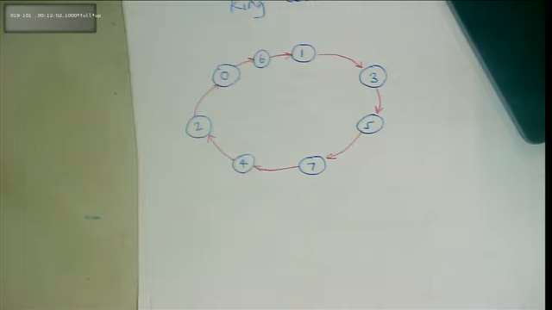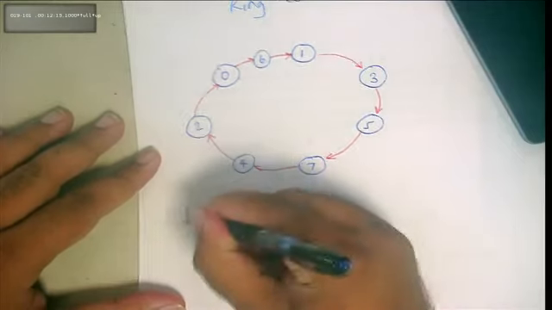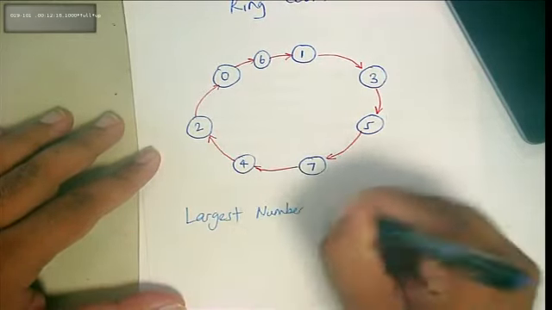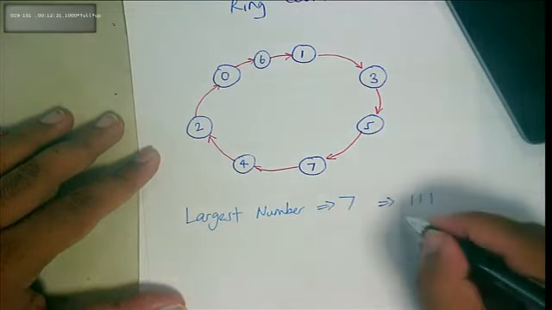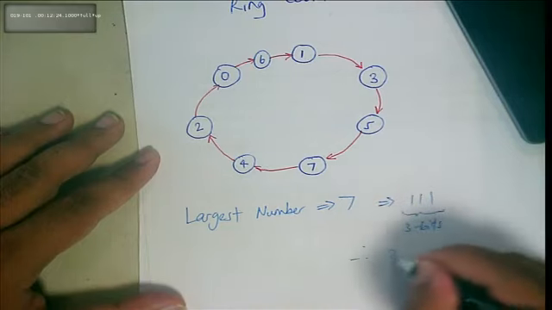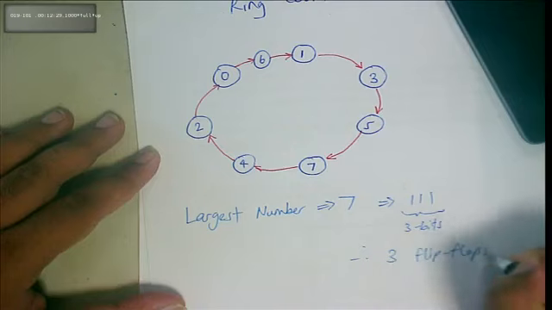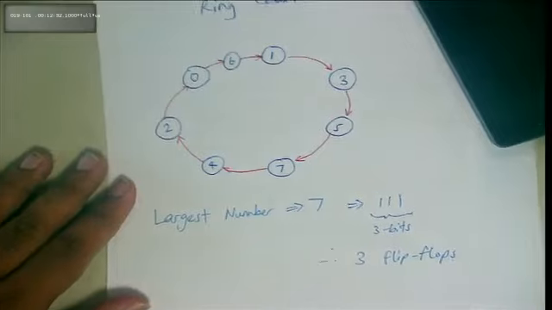The largest number is 7, which is 111, which is 3 bits. Therefore, 3 flip-flops. Right? Set. Everyone happy with this? Okay, so we need 3 flip-flops for this.